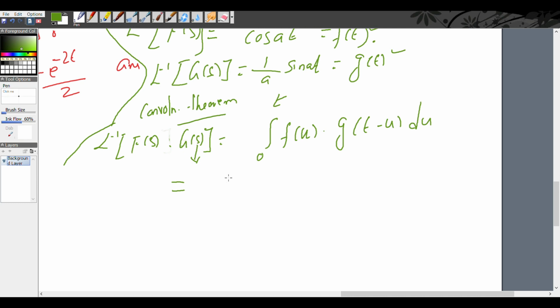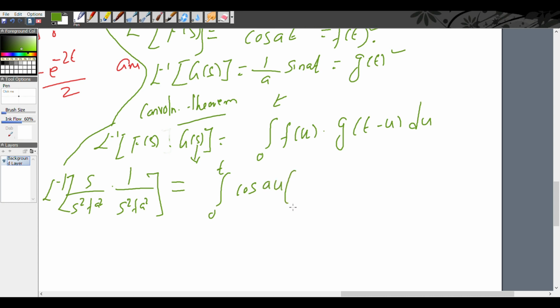Okay, fine. So f of u into g of t minus u. Let's try to do this one. L inverse of s by s square plus a square into 1 by s square plus a square is equal to cos of au, this is the dummy variable, into 1 by a into sine of a into t minus u, just replacing the dummy variable and applying the formula. But I am not satisfied with this.